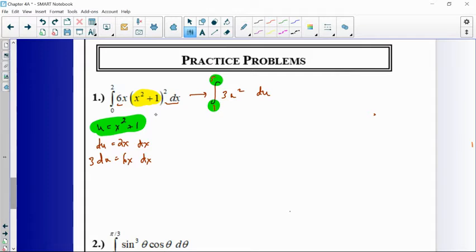I can now basically get rid of x and just think in the world of u. So that becomes u cubed, because it's 3u cubed over 3. Instead of putting a plus c, I'll evaluate that when u is 1 to when u is 5. Notice my u's are a little sloppy today. I'm sorry about that. So u cubed is 125 minus 1 cubed. So we get 124.